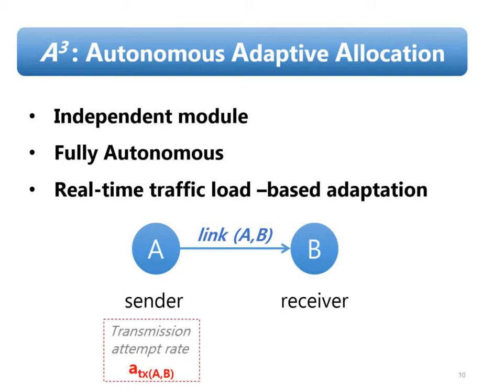Then, the sender knows its average transmission attempt rate at transmission slots, and the receiver can estimate the sender's transmission attempt rate by observing the results of listen slots. Based on this information, sender and receiver adapt the number of transmission and listen slots without any control packet exchange.